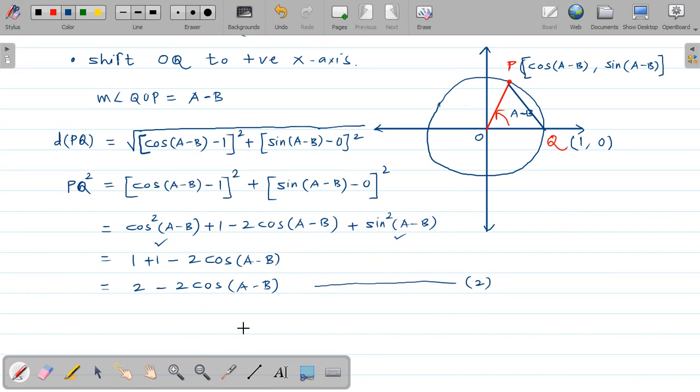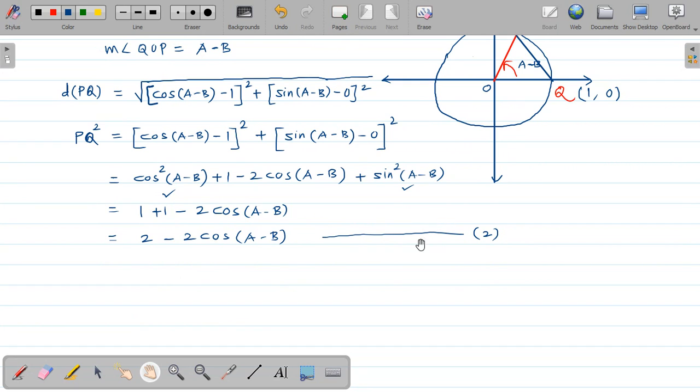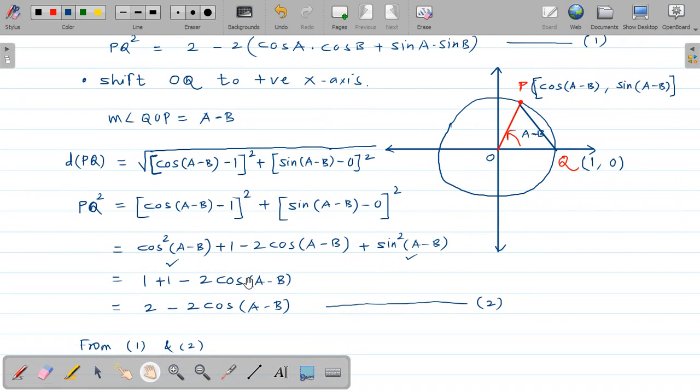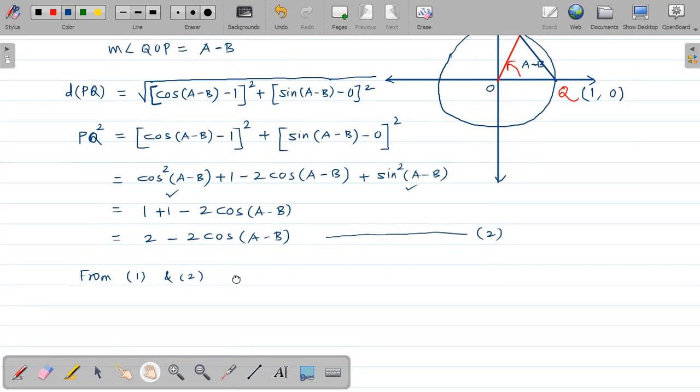Now as you know, the distance is the same, so after the shifting of the axis, the distance remains as it is. So from 1 and 2, what will you write? See, the distance is the same, so you can compare equations 1 and 2 like this.